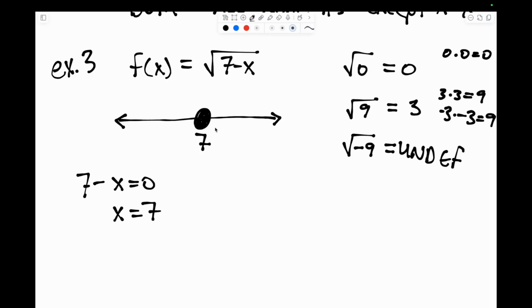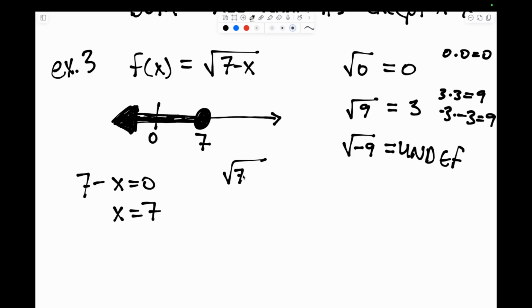And if I'm anything bigger than 7, this becomes negative. So I don't want to go to the right. I want to go to the left. If I put in x is 0, for instance, something to the left of 7, I could test this out.